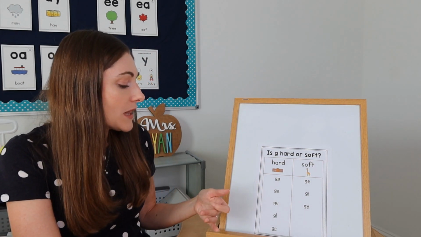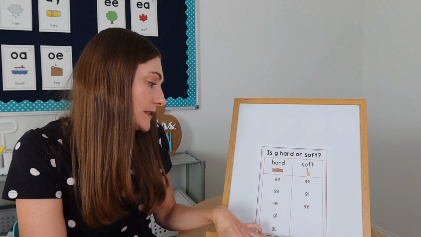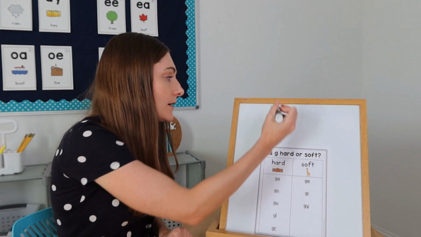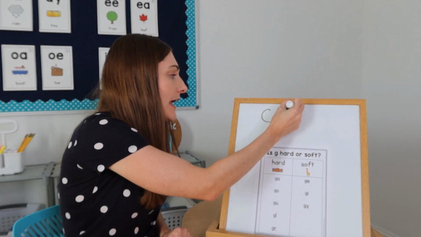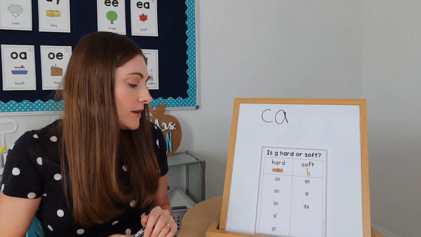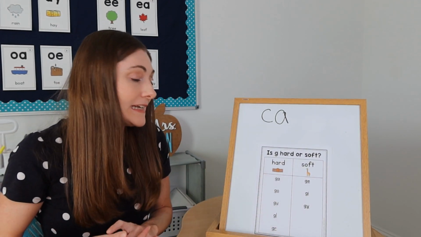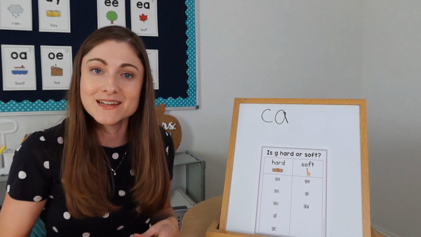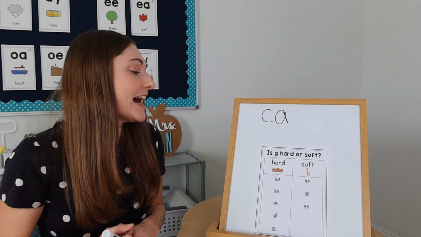So the same thing applies for hard and soft C. Because if you think about it, we've got A, O, U, L, R. If you think about C, A like in the word cat, C, O like in the word cope, C, U, cup, C, L, clap, C, R, crib. I had trouble coming up with that one.